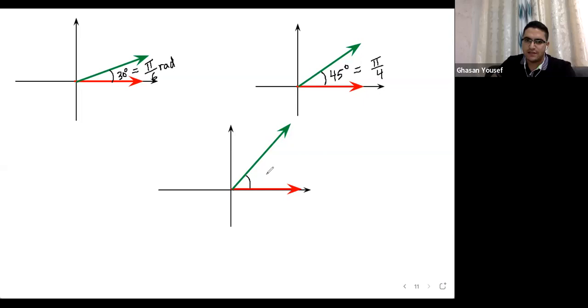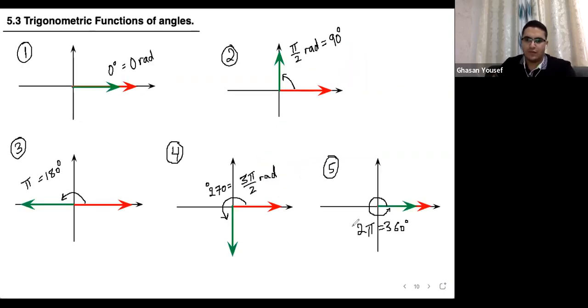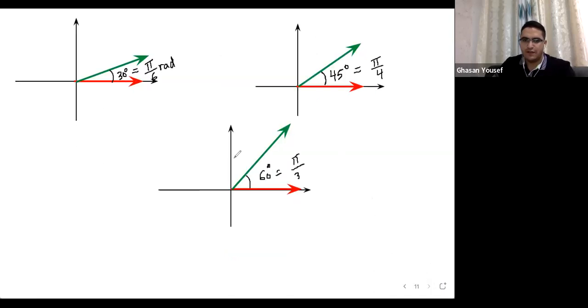And this angle is 60-degree. To convert it to radian, it is pi over what? 3. Pi over 3 in radian. So here we stop at 5. This is number 6. This is number 7. This is number 8. Clear? The angle here?